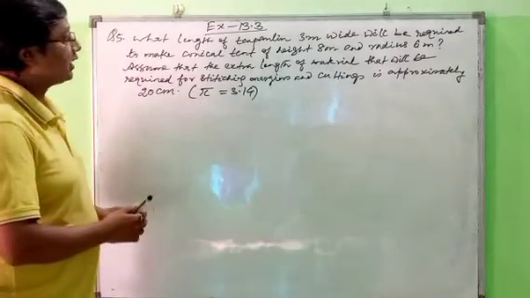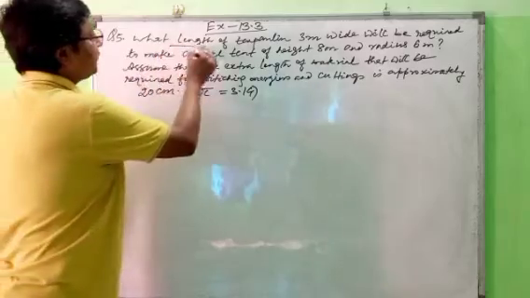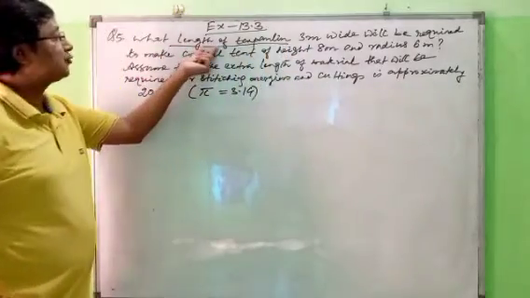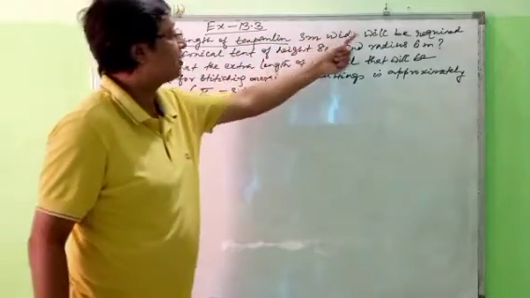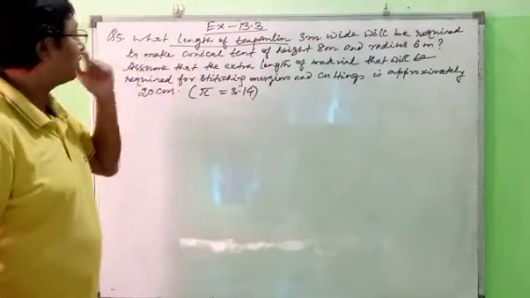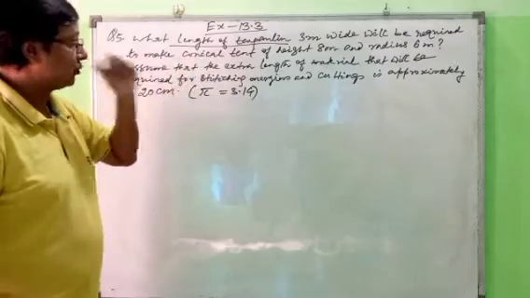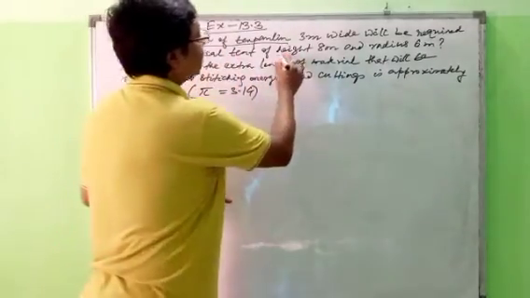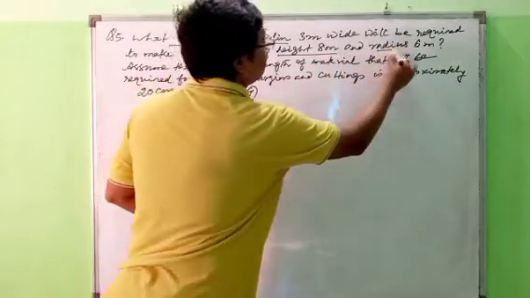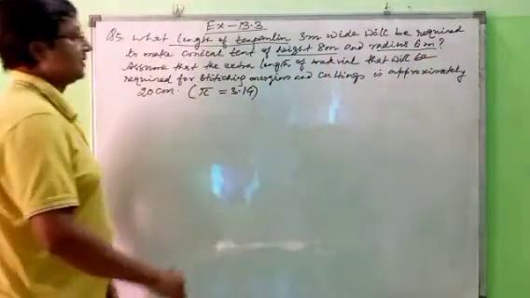So here the question asked is, what length of tarpaulin? You have to find the actual length of the tarpaulin cloth that is 3 meter wide that will be required for making a conical tent. The conical tent's height is given as 8 meter and the radius is given as 6 meter.